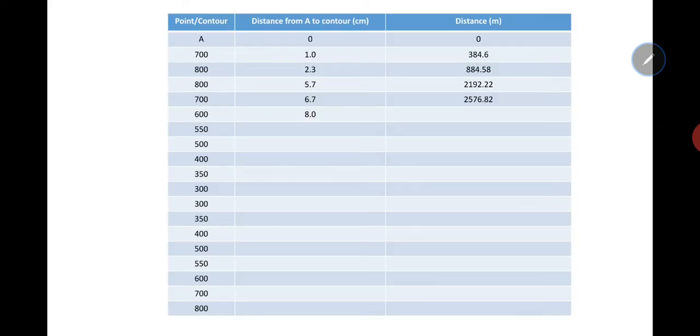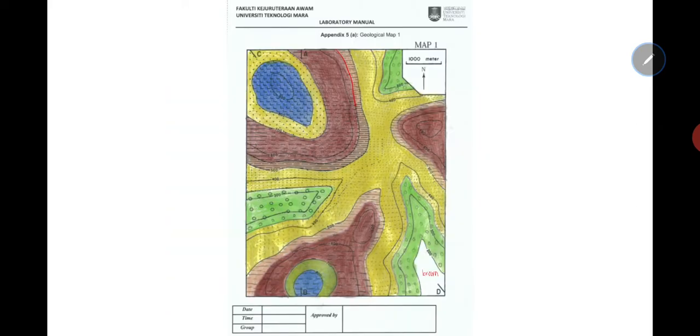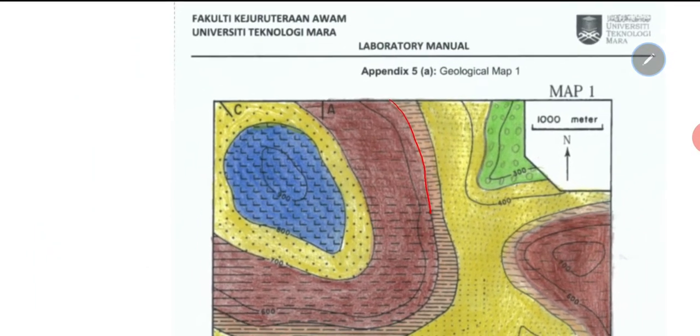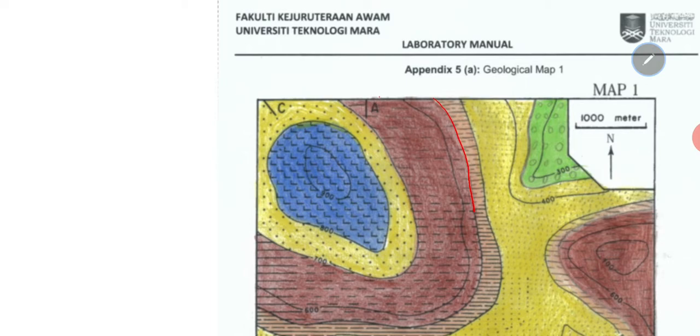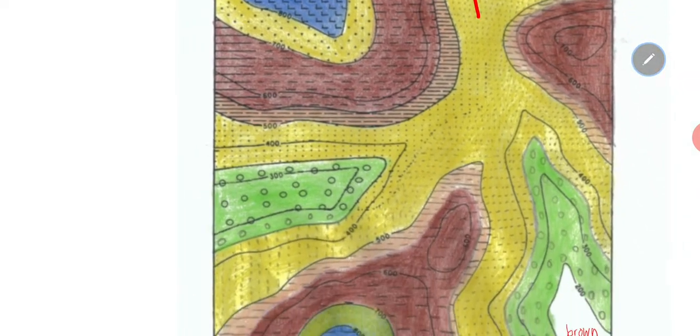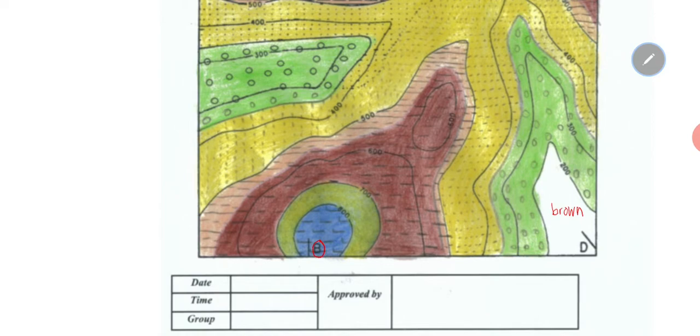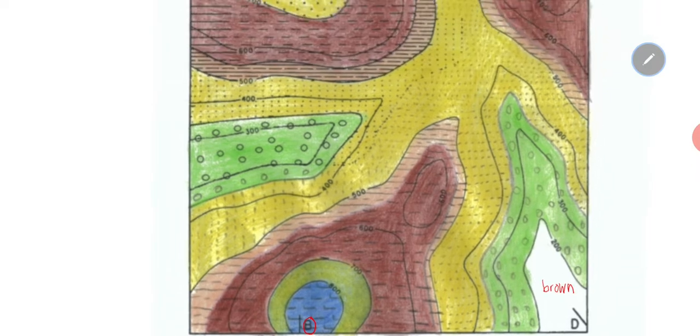Okay, what you need to do next after you have completed your map. Can you see the point A to B here? This is A, and here at the bottom is B. This is where the question asks you to do the cross section.